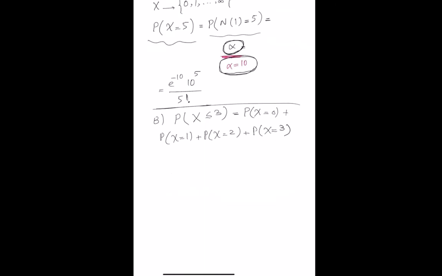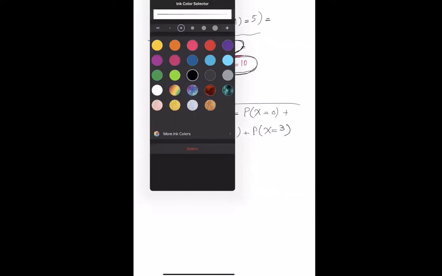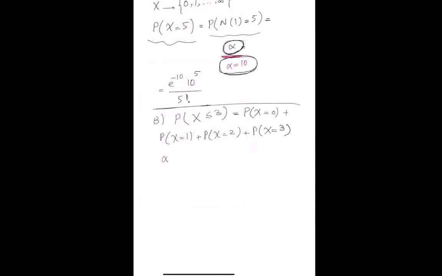The only thing you have to know to be able to calculate these probabilities is what alpha is. My random variable still is the number of calls in an hour. It asks, what is the probability that we have 3 or fewer calls in an hour?